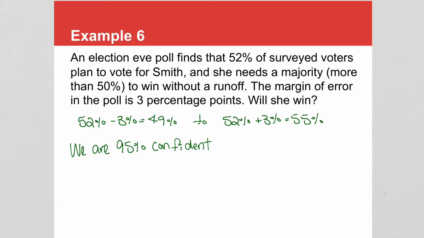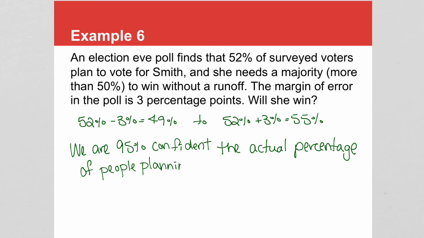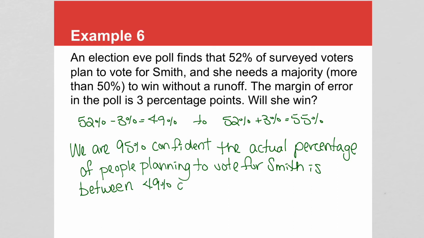So we're 95% confident that the actual percentage of people planning to vote for Smith is between 49% and 55%.